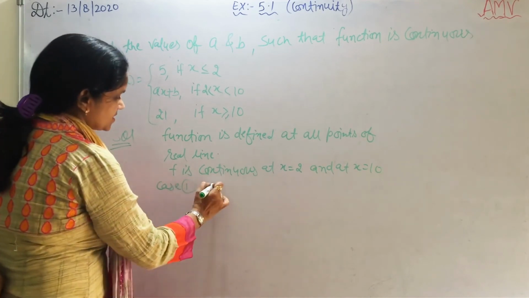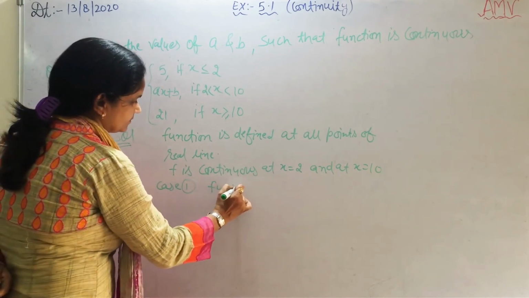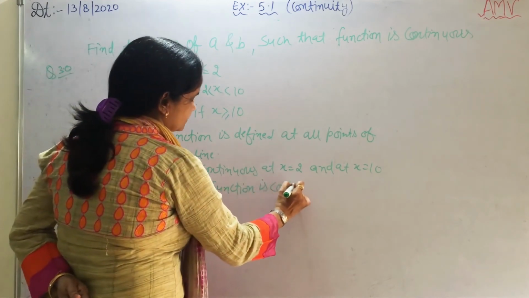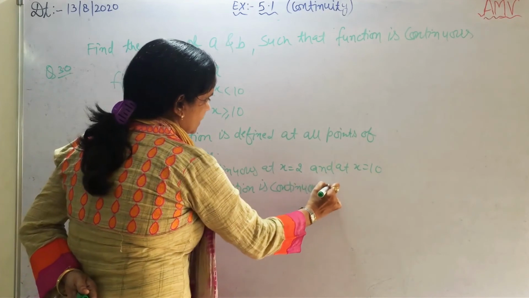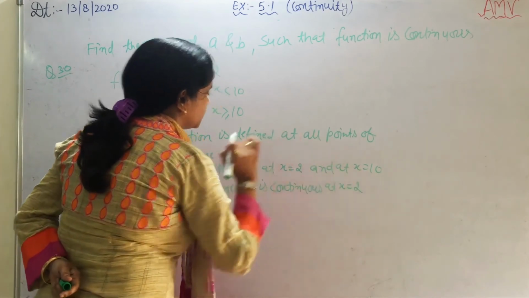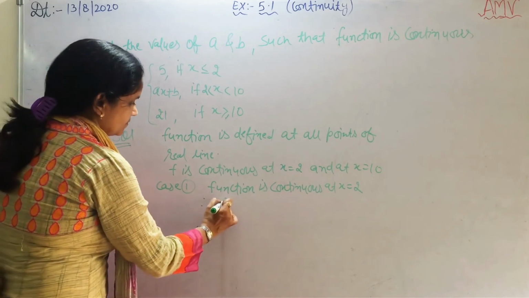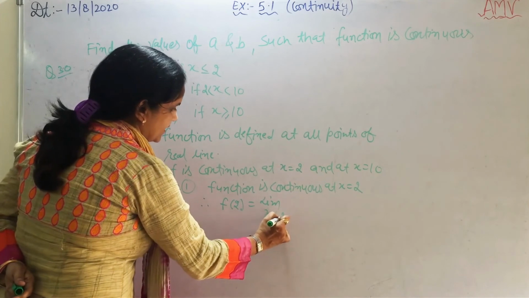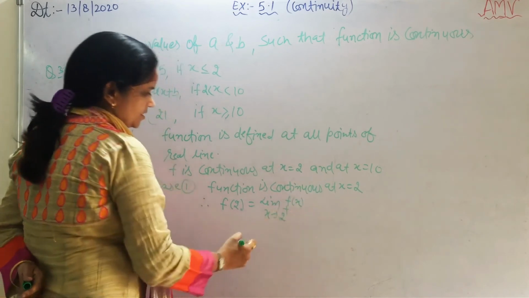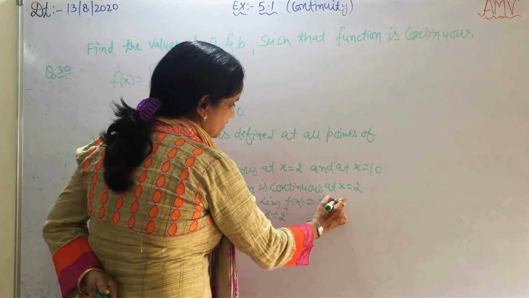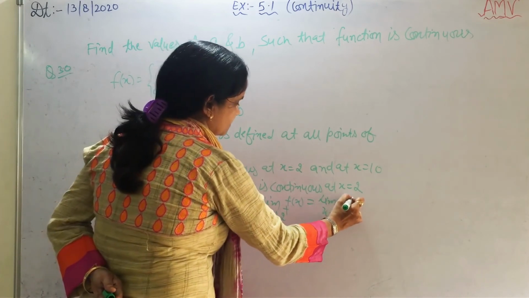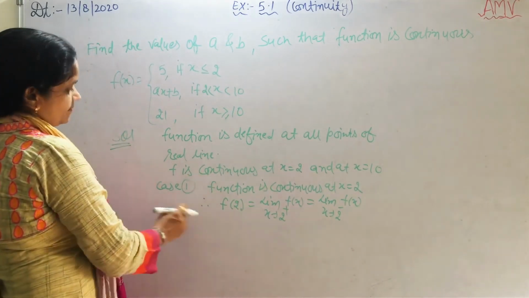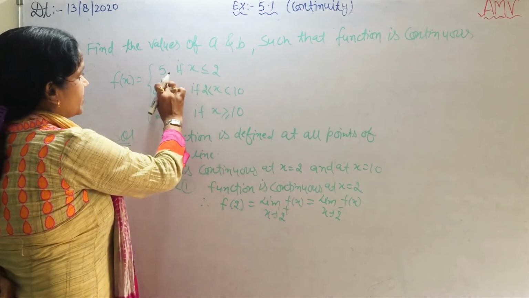let the function be continuous at x is equal to 2. Okay, so the value of the function is equal to the right hand limit of the function is equal to the left hand limit of the function. Now find the value of the function here. When x is equal to 2, the value is 5.